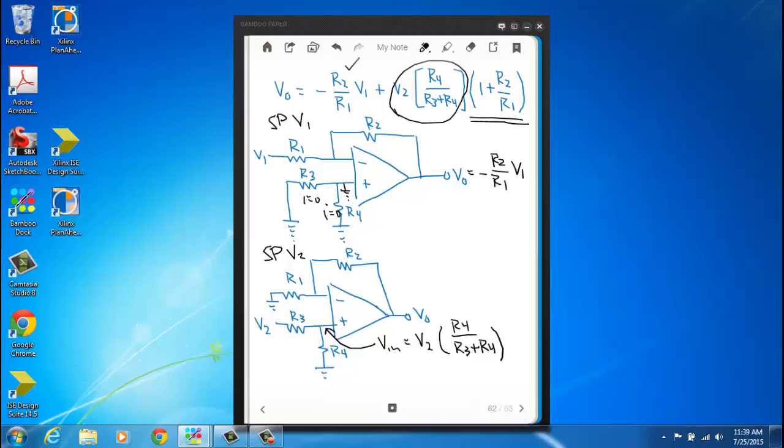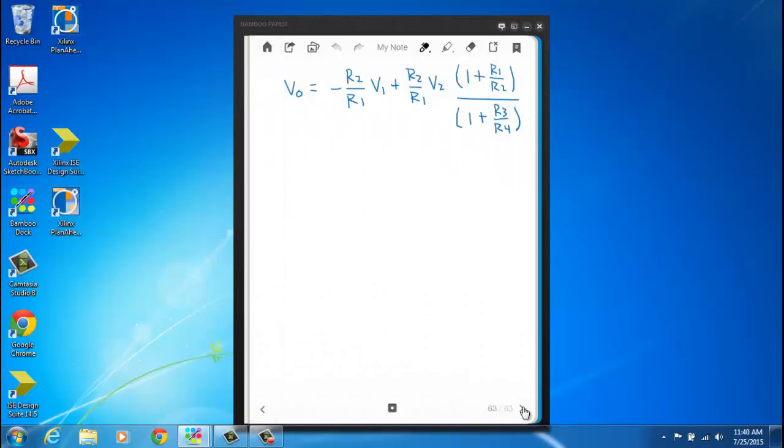Now, I'll refer you to the handout again. So refer to the PDF that goes with this lecture on PolyLearn for a second time, and it shows you a couple of additional steps where you can get Vout to look like this expression here. So there are just some additional algebra steps between Vout on the previous page and this one here.